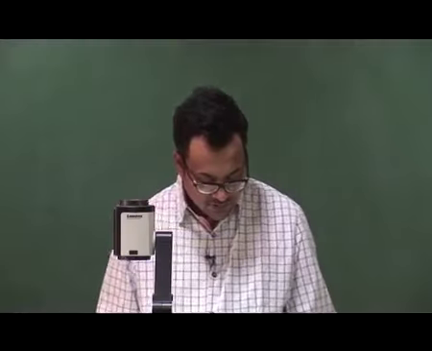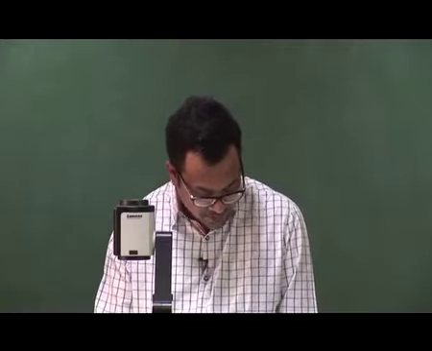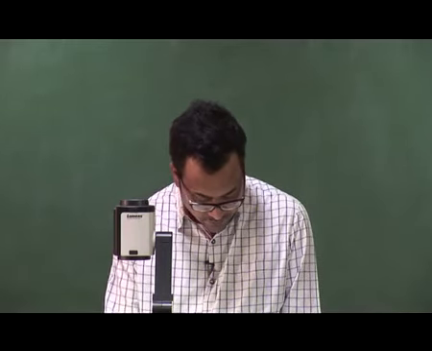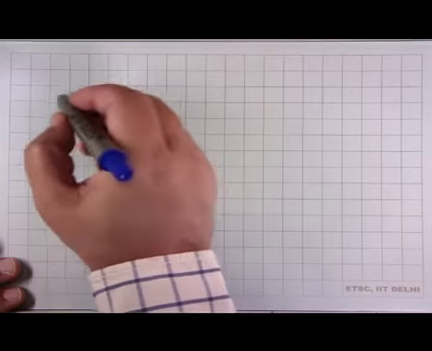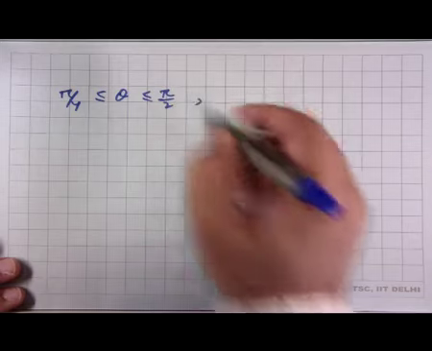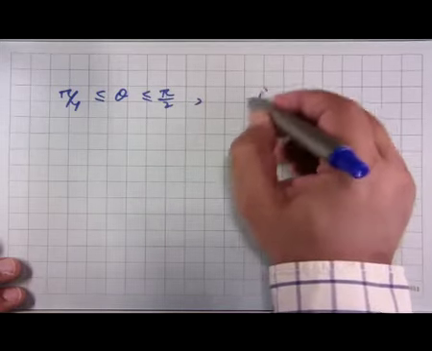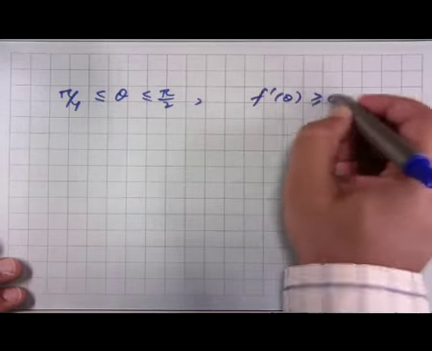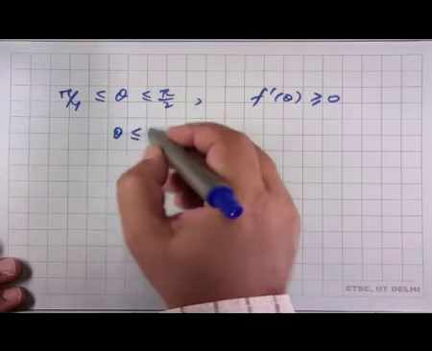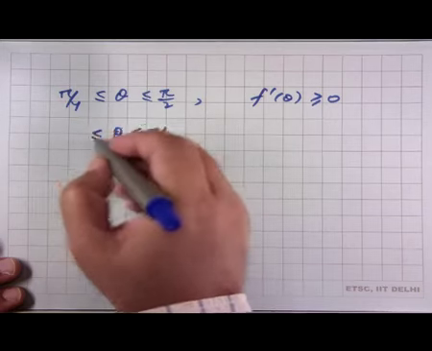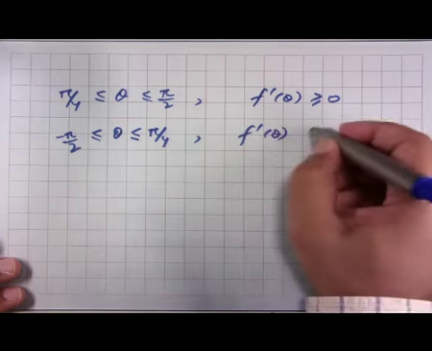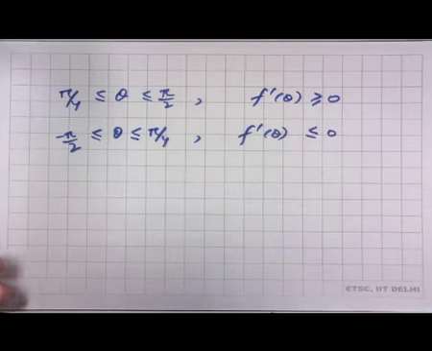Just to summarize the discussion on the previous slide, when theta is greater than or equal to pi by 4 and less than or equal to pi over 2, the first derivative is positive, and when theta is less than or equal to pi by 4 and greater than or equal to minus pi by 2, the first derivative is negative.